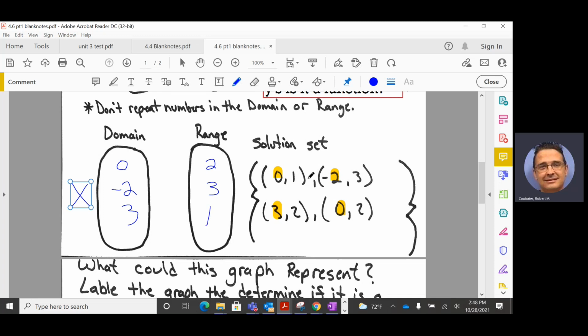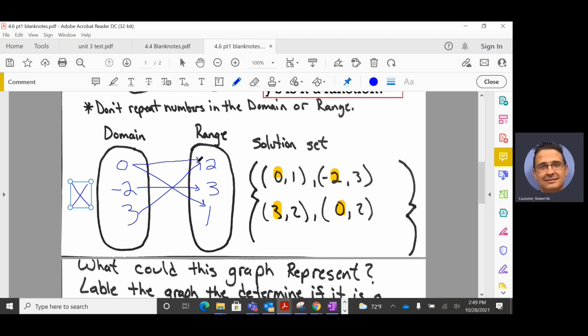And let's draw our lines, right? 0, 1. It maps from 0 to 1. And then -2, 3. -2 maps to 3. Okay, so far it's looking good. Where are we going to falter? 3 maps to 2. Great. And 0 maps to 2.